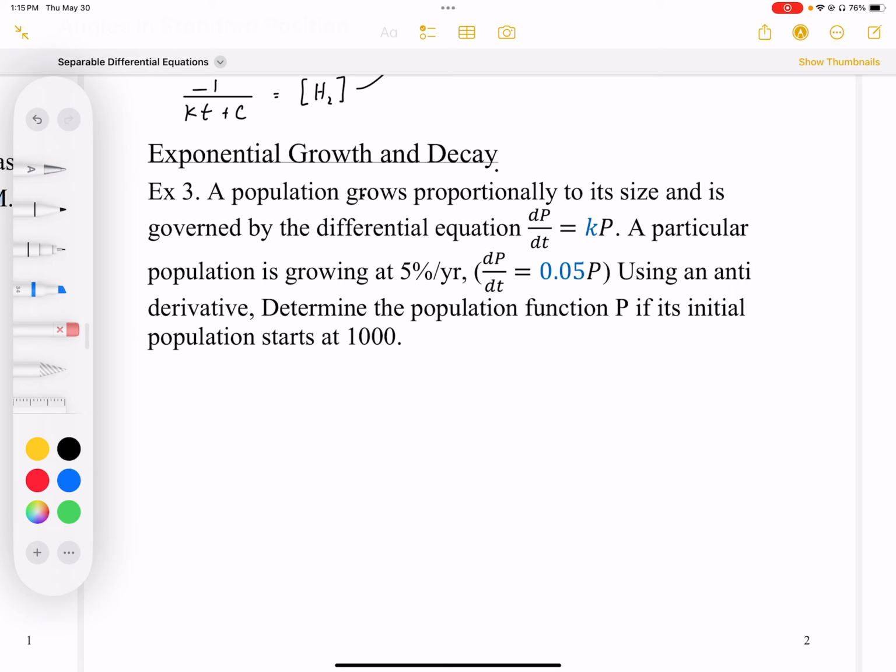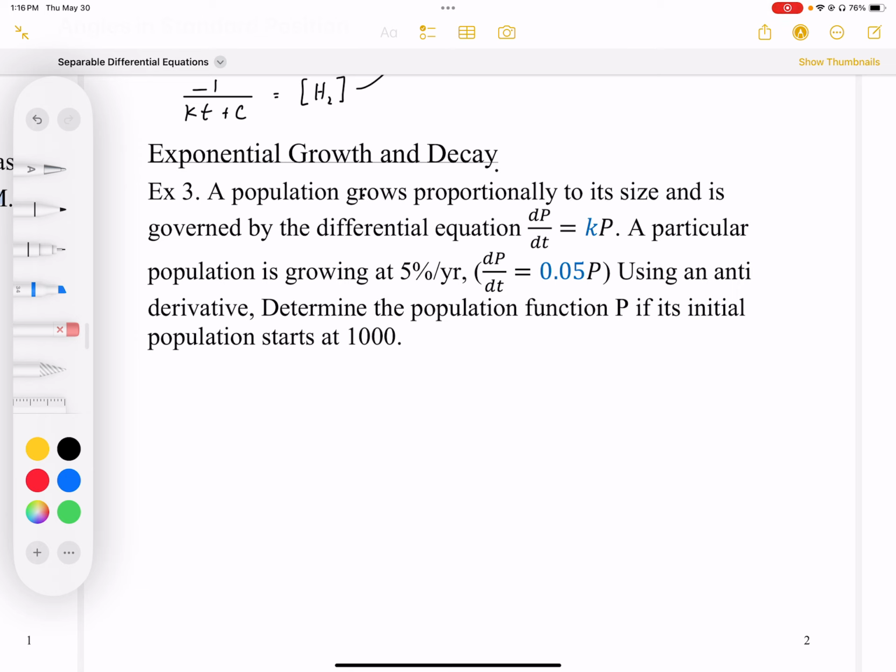So again, we should expect this to end up as an exponential equation. And this particular population, it says it's growing at 5% per year. That K actually represents the continuous growth rate. So if it grows at 5% per year, that 0.05, that multiplier represents 5% as a continuous growth factor.